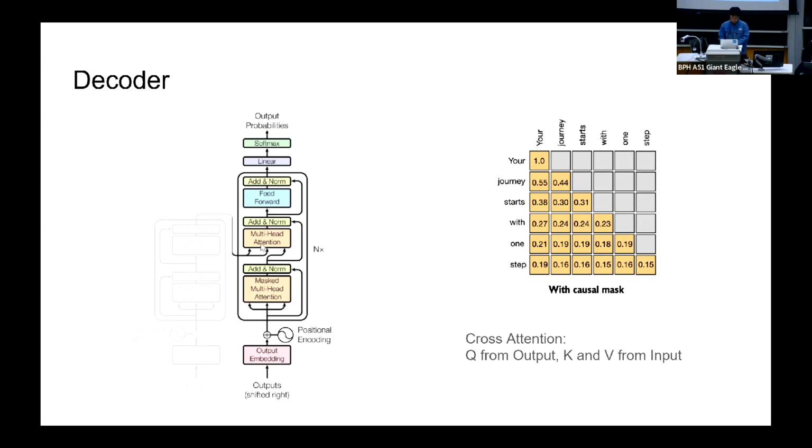This is the reason we have masked multi-head attention, and we have the skip connection and normalization. And then there's a cross attention, where the output sequence only supplies the Q vectors, and the input sequence supplies the K and V vectors. If you think of what attention is doing, for each output token it calculates a weight with each input token and takes a weighted average, with respect to the weights, of the V vectors of the input sequence. This is what multi-head attention does.